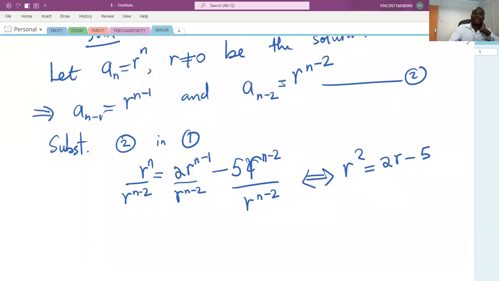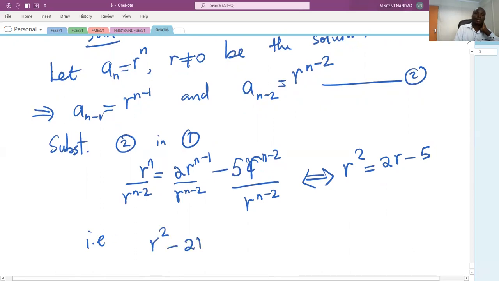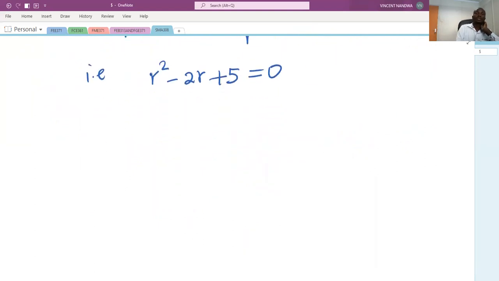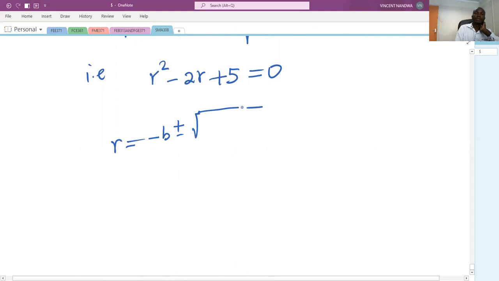Now we can rearrange this quadratic as r squared minus 2r plus 5 equals 0. So this is what we call the characteristic equation. So we use the quadratic formula to solve this equation. So r is minus b plus or minus square root of b squared minus 4ac divided by 2a.